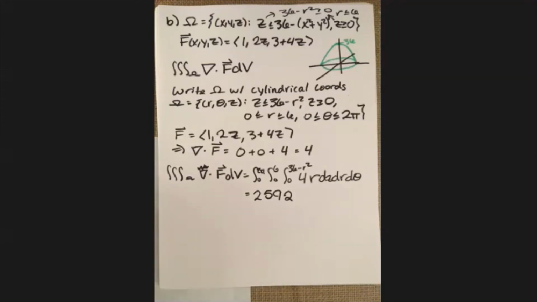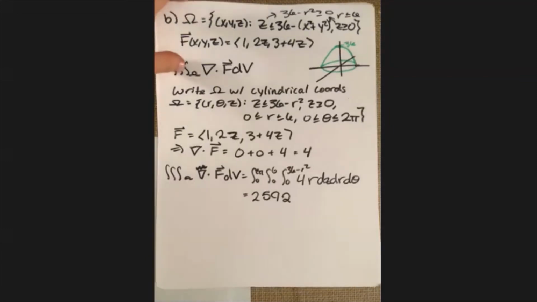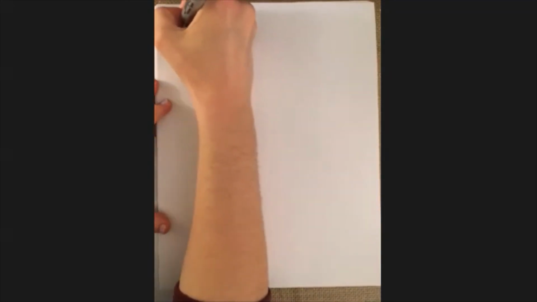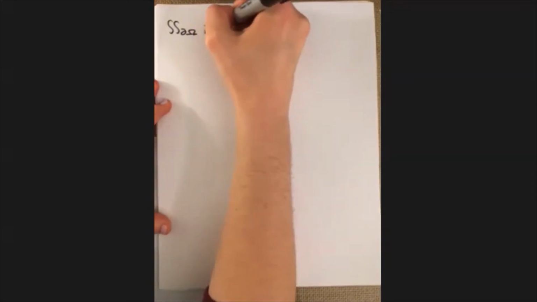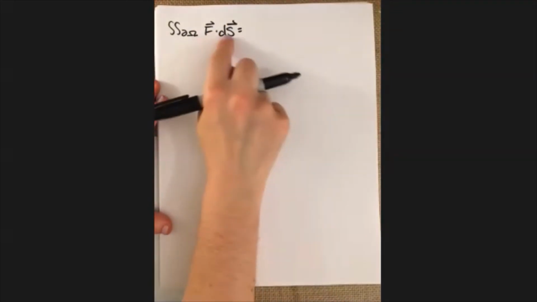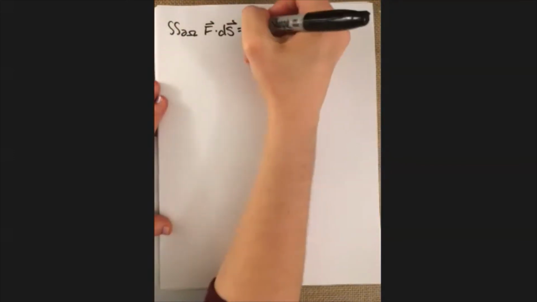So let's check to see if we use our other option with the divergence theorem, if we get the same number. Okay, so now we're looking at the double integral over the boundary of our region, F dot dS, which we can use our equation from a surface integral from earlier.